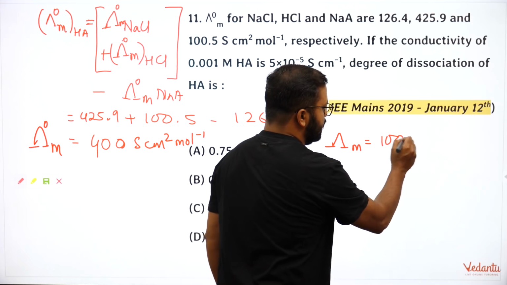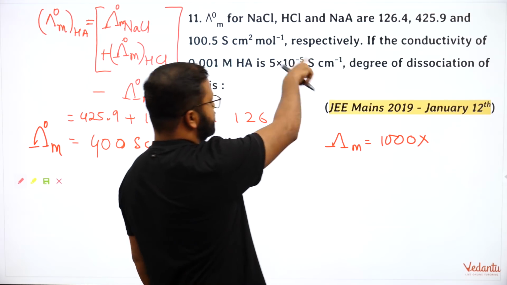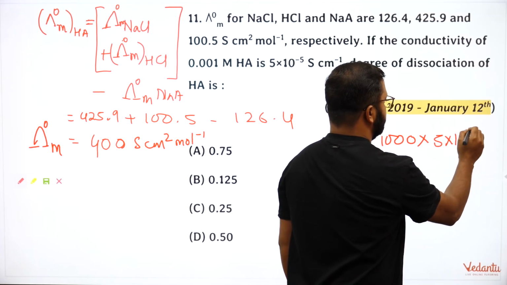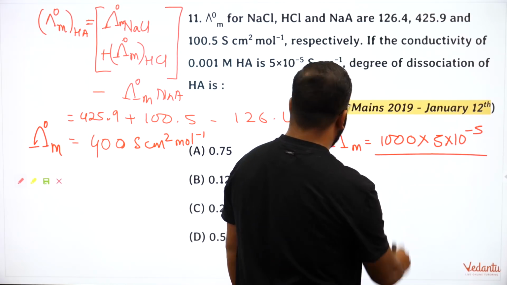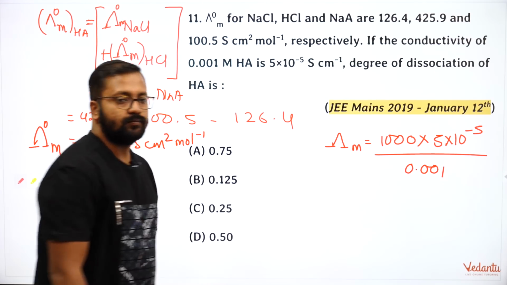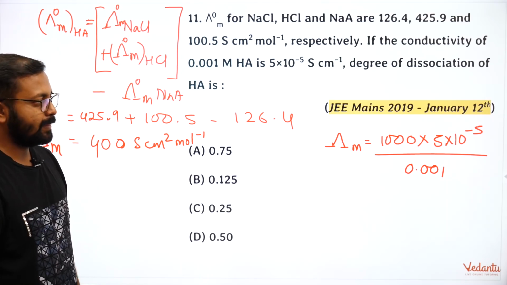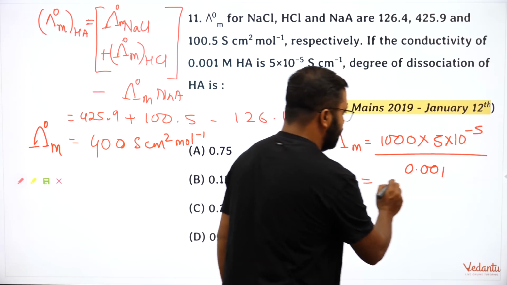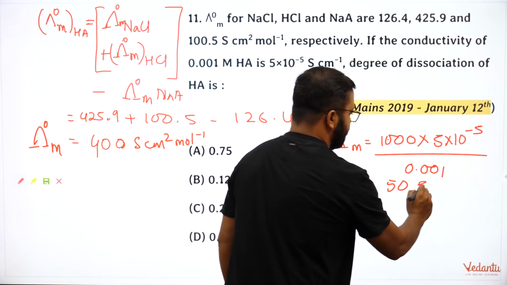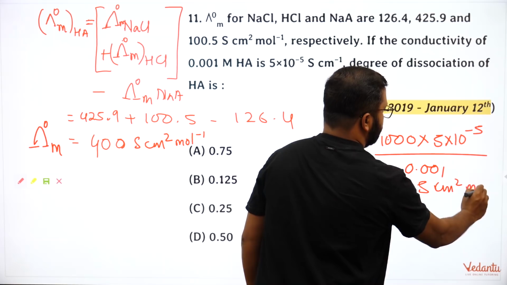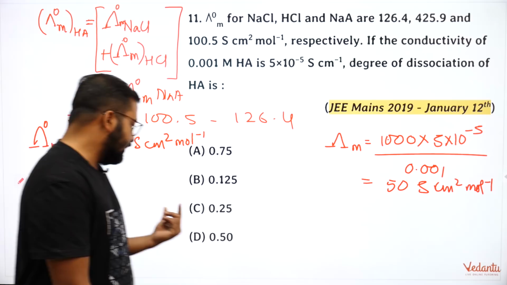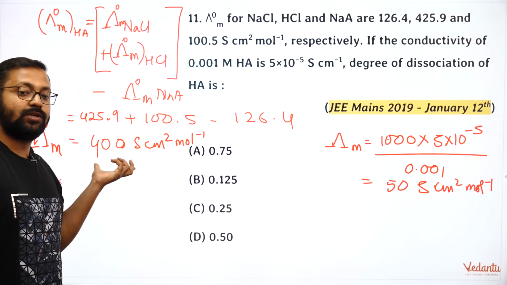That will be 1000 times kappa by C, so 5 into 10 raised to minus 5 by 0.001. This will turn out to be 50 Siemens centimeter square mole inverse. So at the given concentration it is 50, and the value at infinite dilution is 400.